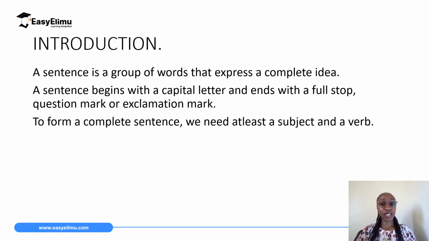One characteristic of a sentence is that a sentence always begins with a capital letter and it ends with either a full stop, a question mark, or an exclamation mark. That is very, very important to note. And a sentence also has, at the very least, a subject and a verb.